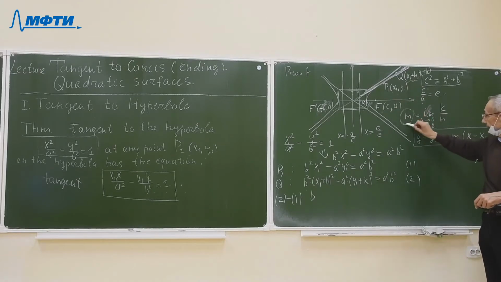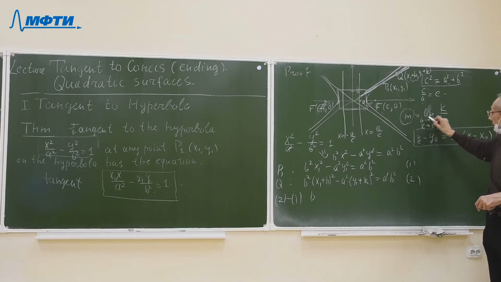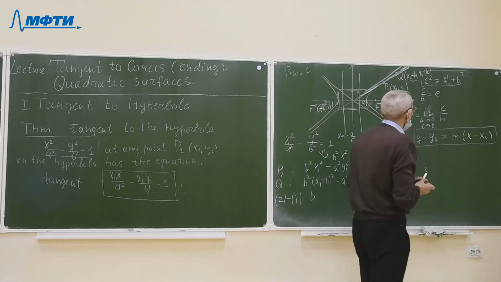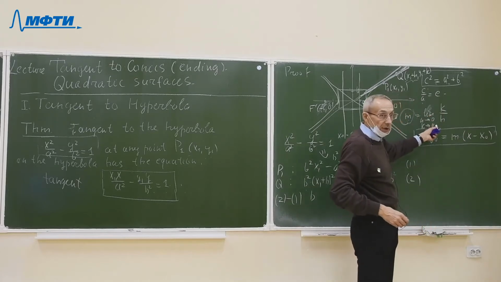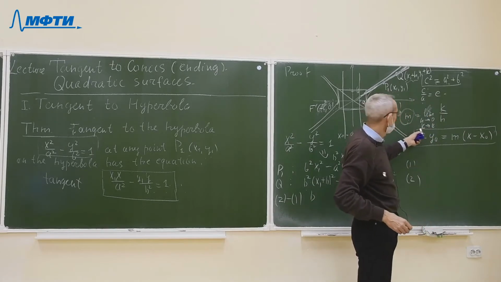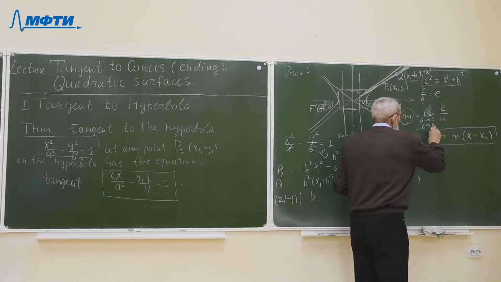And we obtain that the slope of the tangent m is equal to the limit of the ratio k to h, when h and k tend to zero.